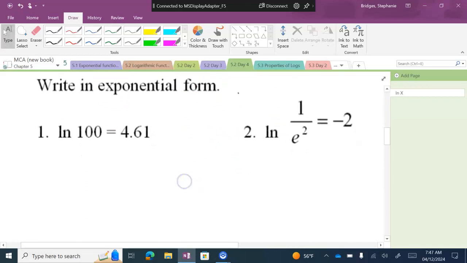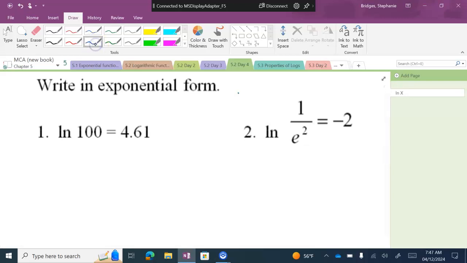All right, so again, we're going to just start with the basics like we did with the regular logs. We're just going to take it from the log form that it's in now to exponential. Remember, anytime you see that ln, that is a natural log, and your base is not going to be written, but it is e. So we're going to take the natural log of 100 equals 4.61, and we're going to take it to exponential.